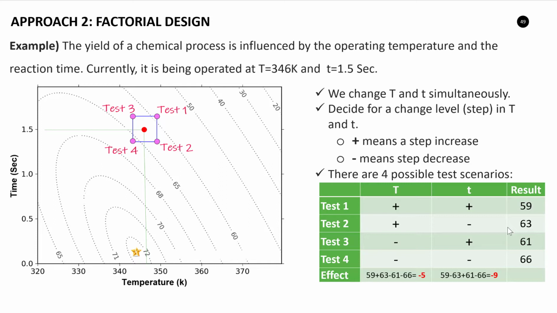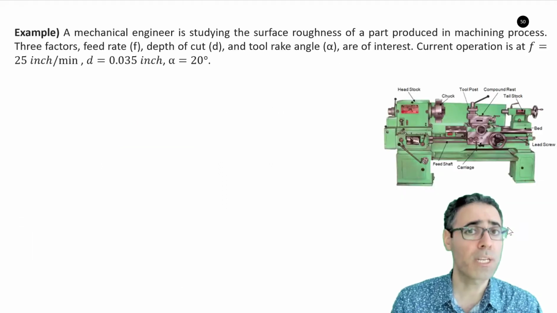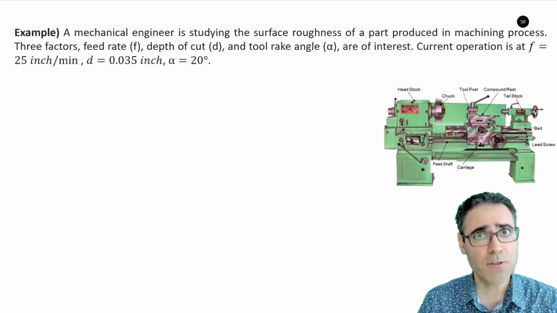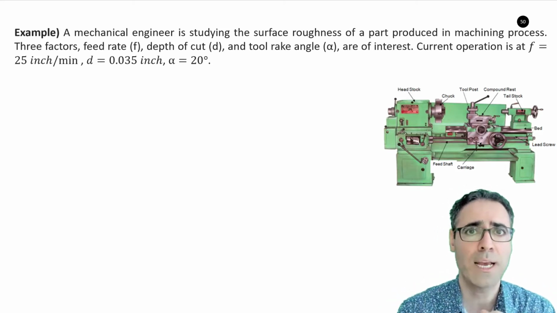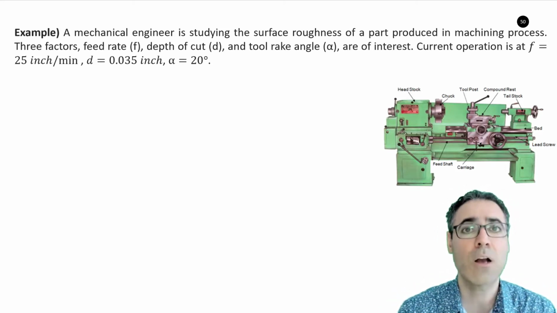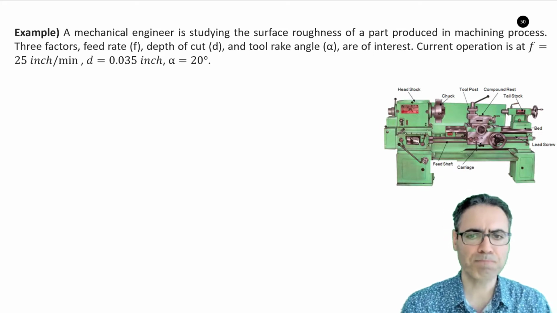DOE tells us the direction of change and which factor or parameter has the highest influence on the system. Okay, let's solve one example, and hopefully through this example you can understand this concept better.